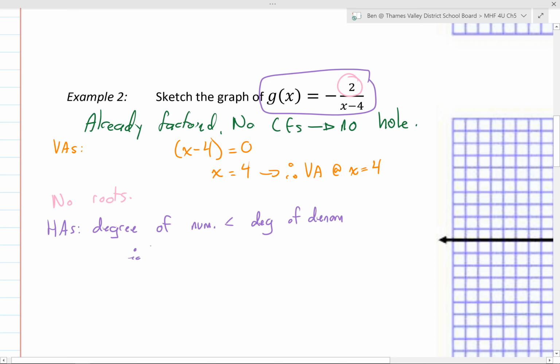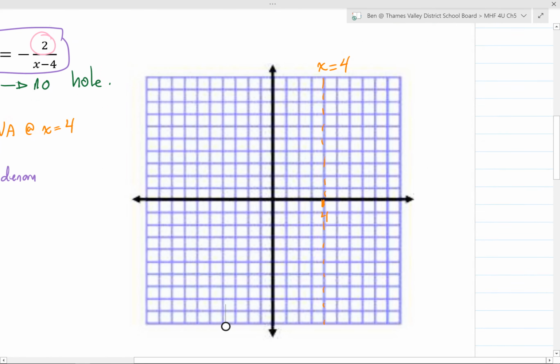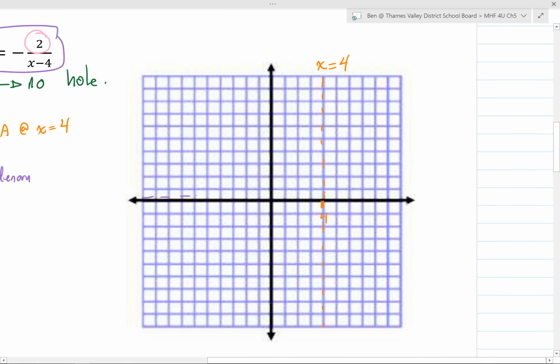Therefore, I have a horizontal asymptote. Yes, we can use shorthand as we go through these. Therefore, I have a horizontal asymptote at y equals 0. If I have a horizontal asymptote at y equals 0, I can sketch that in, right? Again, the dashed line. Again, the labeling: y equals 0.